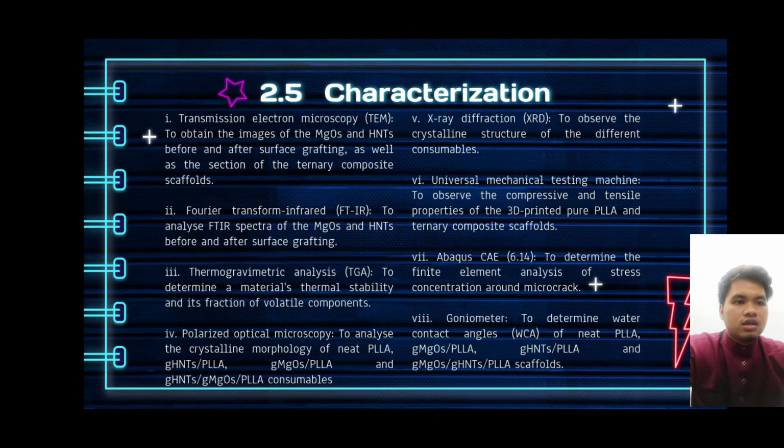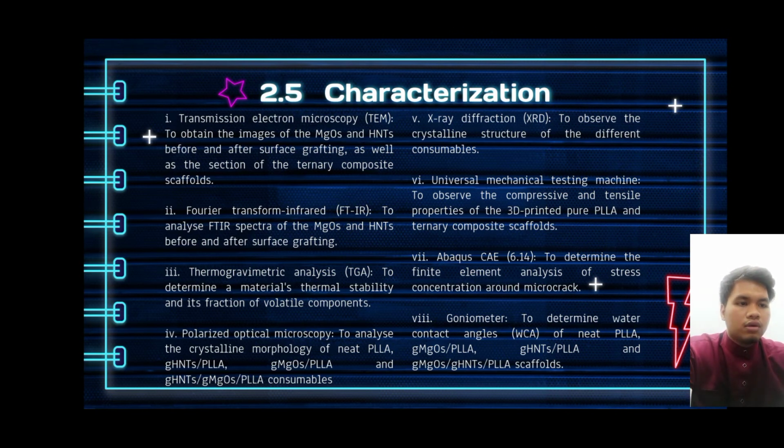And then X-ray diffraction (XRD) to observe the crystalline structure of the composite ensemble. Next, universal mechanical testing machine to observe the compressive and tensile properties of the 3D printed pure PLLA and ternary composite scaffold.